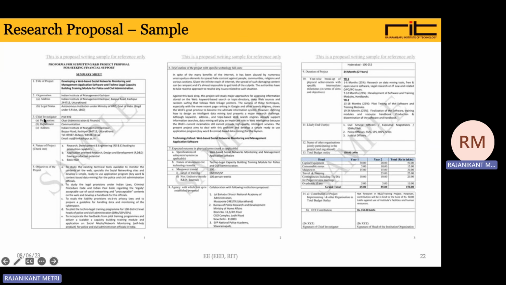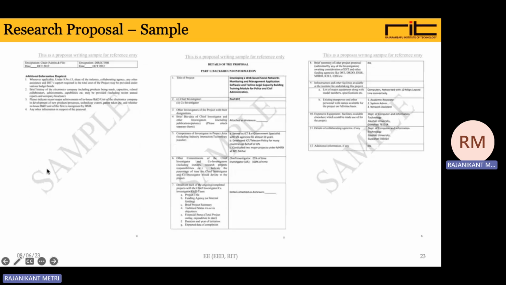In some places it is chief investigator, in some places principal investigator, with that person's designation, department and address. Then the nature of the project: basic R&D, research and development, patent, or product development.